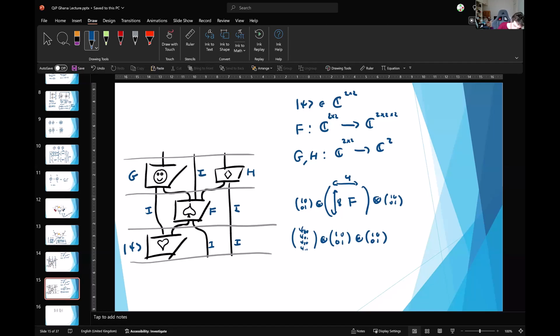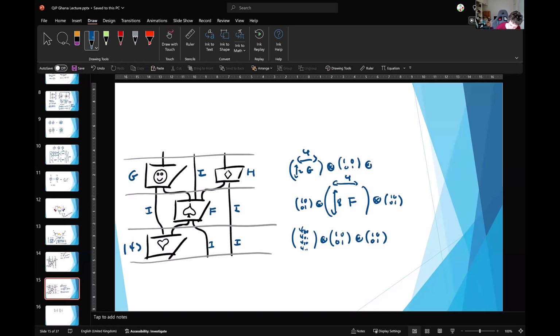And then there's the top layer, which has to be, let me clean this stuff as well, so I have space. And then the top layer has to be G, which is a 2 by 4 matrix, tensored with the identity, tensored with H, which is also a 2 by 4 matrix.